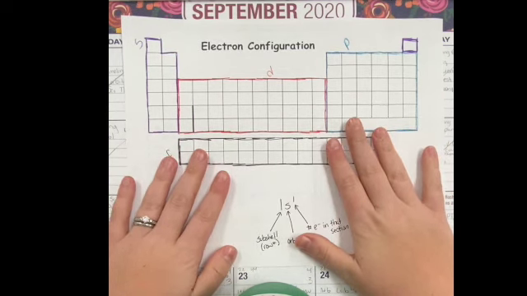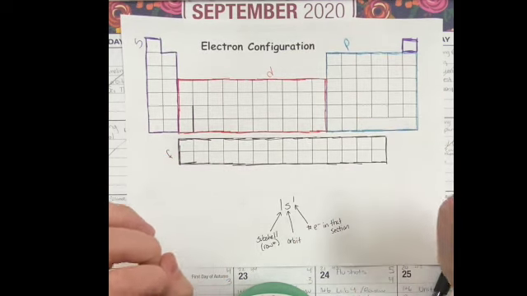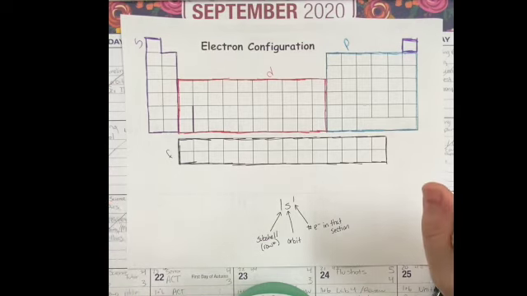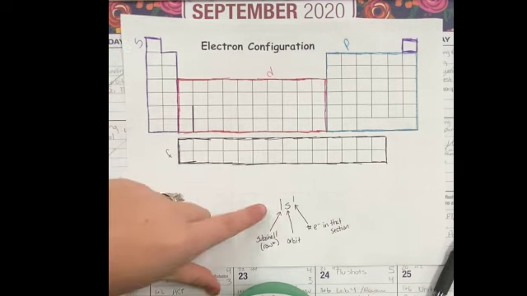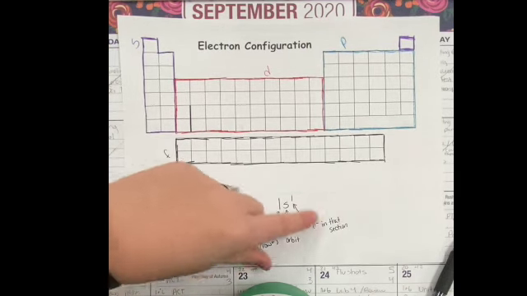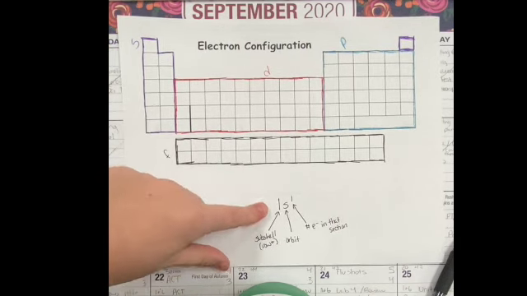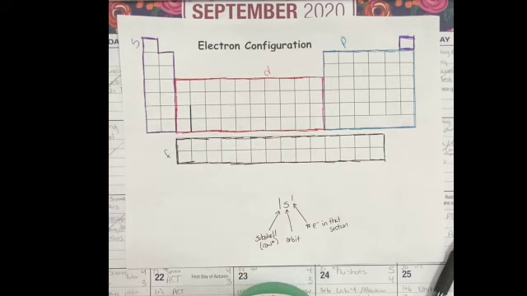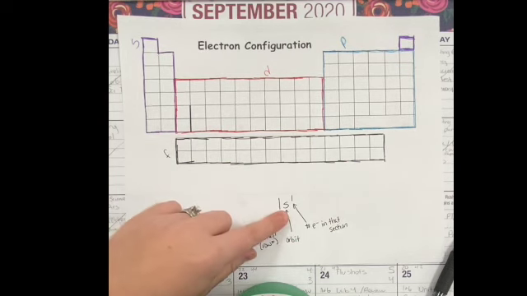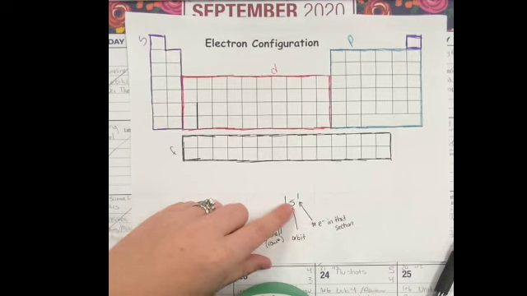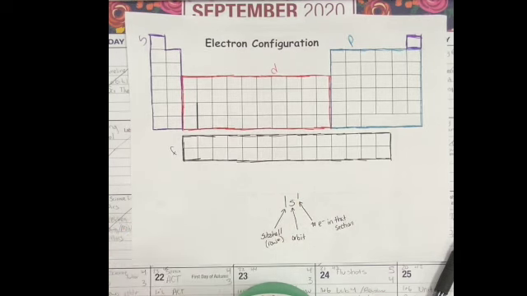I am color coding. If you want to color code, you need 6 different colors. Each row will tell you what number goes up front. The letter in the middle is the orbit, and the exponent is the number of electrons in that section.